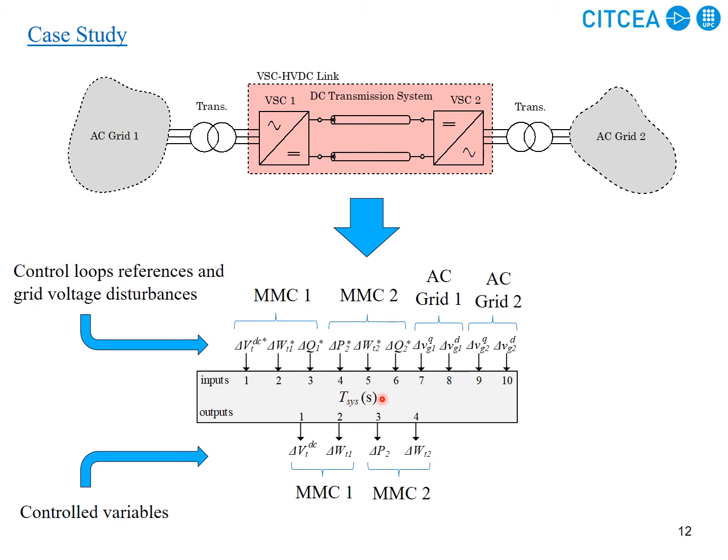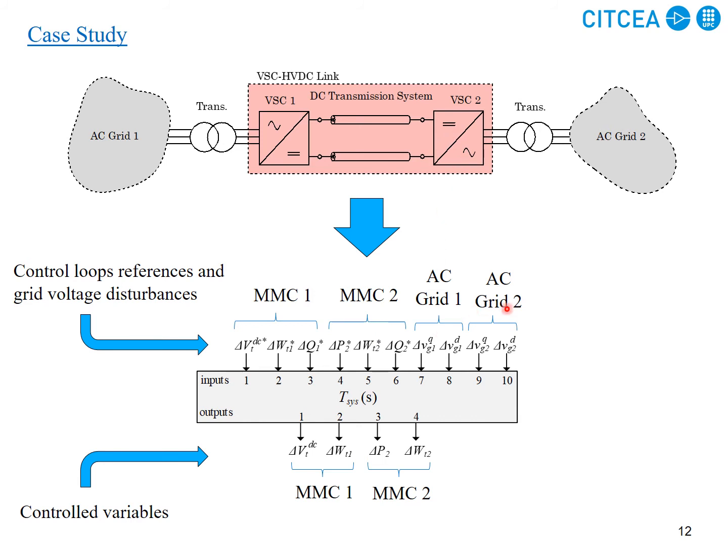The system could be a state space equation or transfer function, whatever. The inputs are selected based on the importance of the variables. For example, these are the main control references for MMC 1 here. These are the main controller references for MMC number 2.